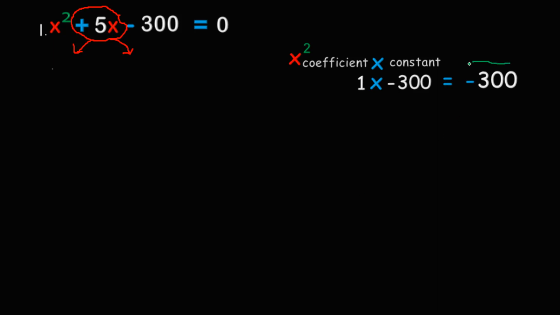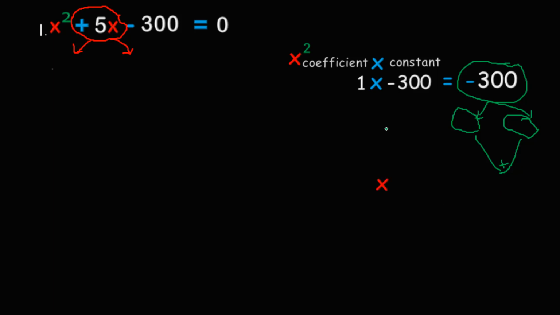So now what do we have to do? We have to search for a pair of factors for -300 such that the sum of those two factors must be equal to the x coefficient.